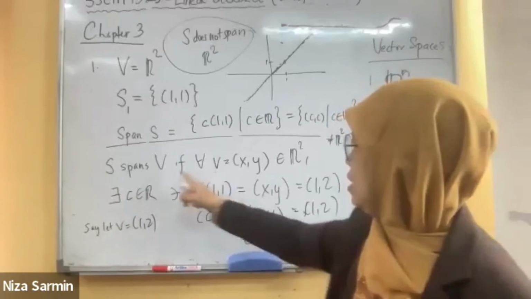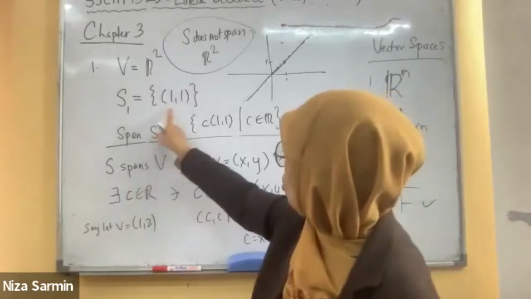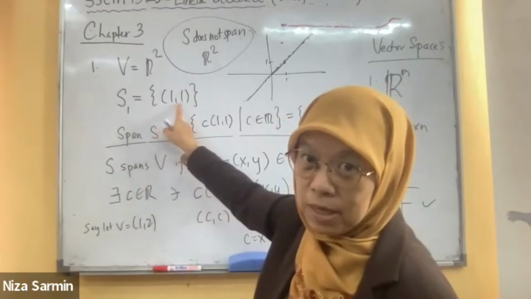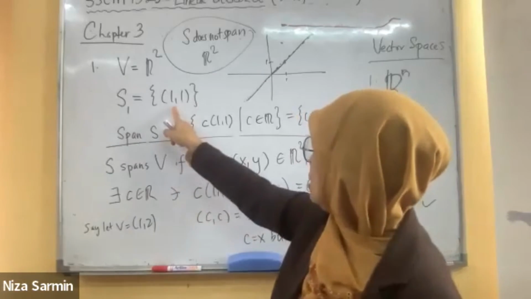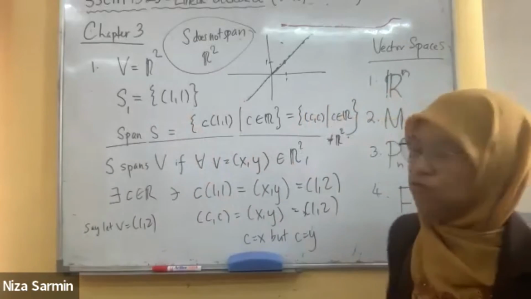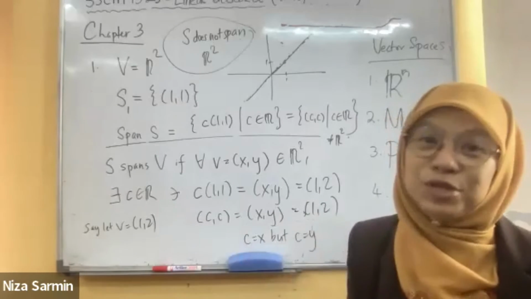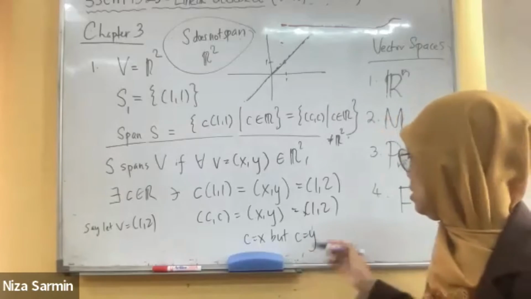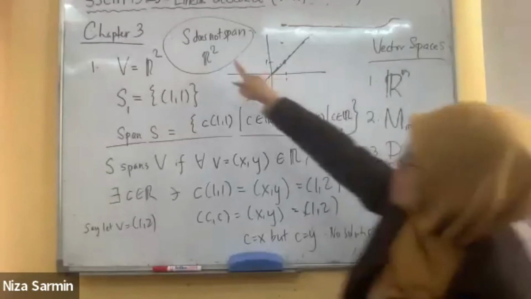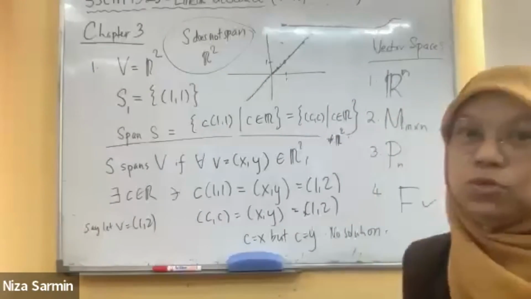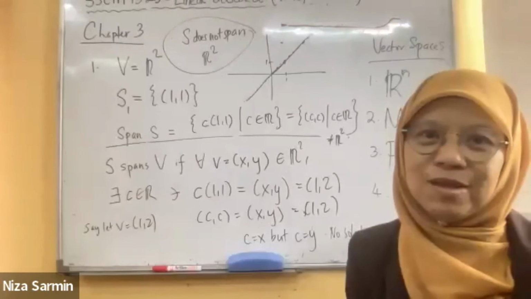If for all V in here there exists C, you look at how many vectors in here, only one, so you just need one C such that C times this is equal to V. Yeah. Then you try to solve. Do you have a solution? If there is no solution, then you will say S does not span R2. If there is a solution, then it spans. Okay?